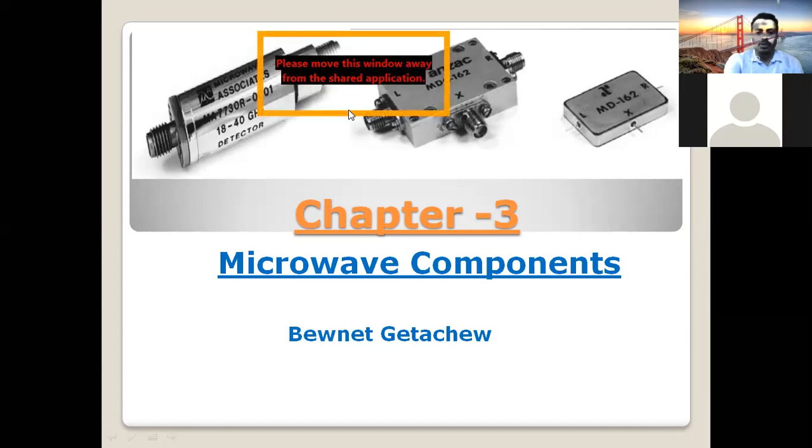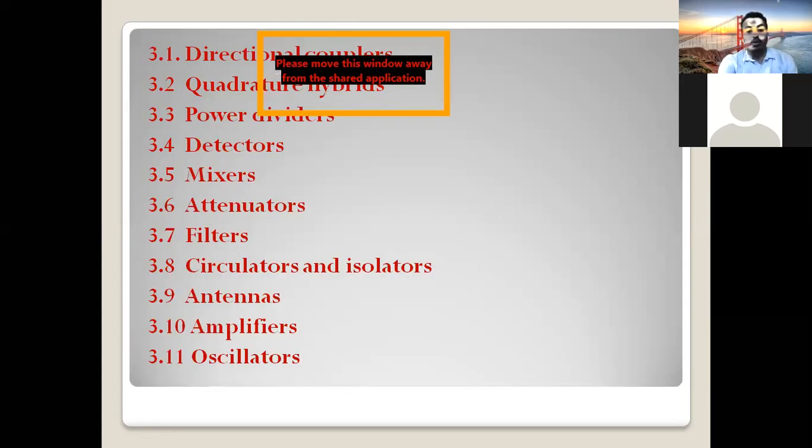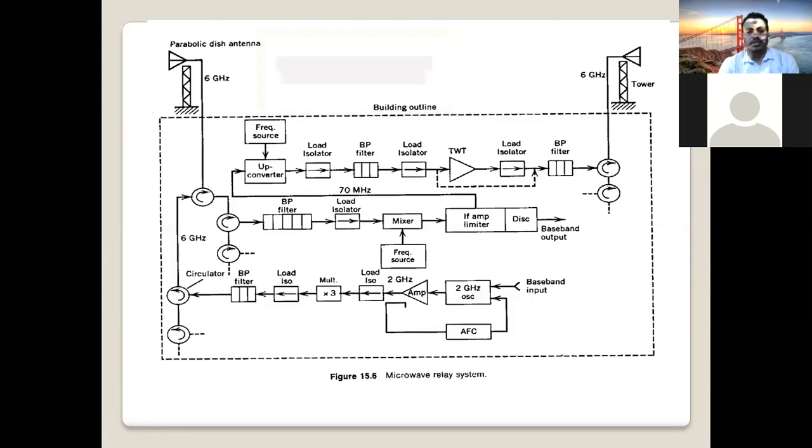So what we are going to do in this chapter is to cover basic components, active and passive components, devices used in microwave systems. We'll discuss one by one. Now, as you can see here in this microwave relay system, it's a simple example.